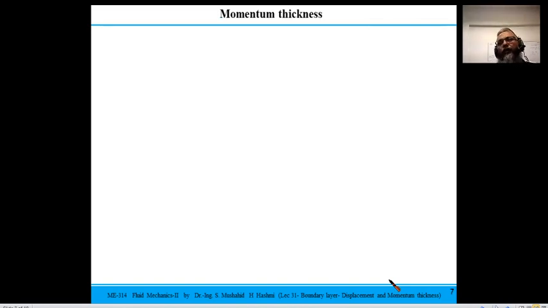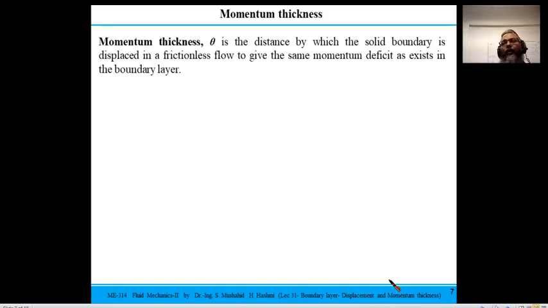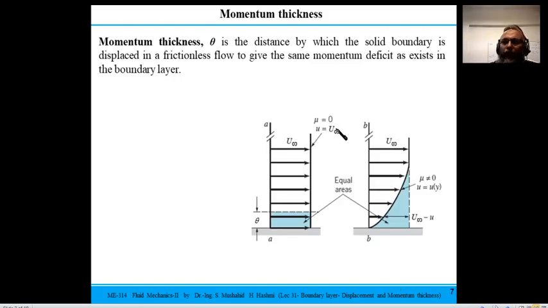Now we go into the momentum thickness. Momentum thickness compares the same situation: you have an inviscid situation and a viscous flow, and once you balance the mass flow rate, you end up with a thickness called displacement thickness.